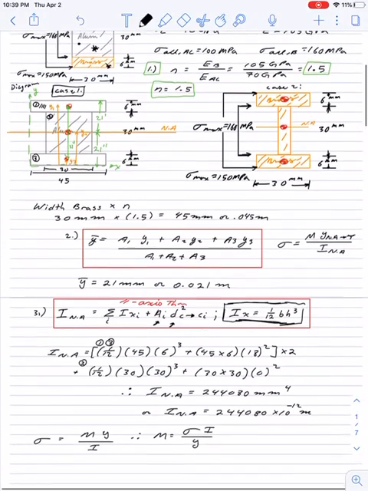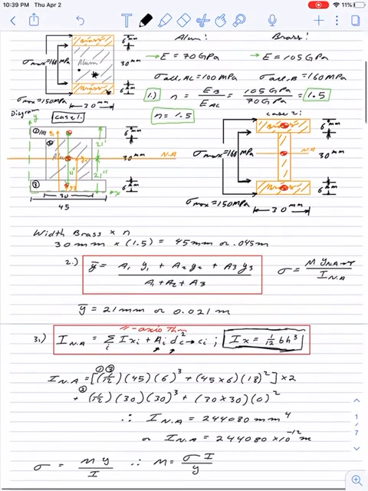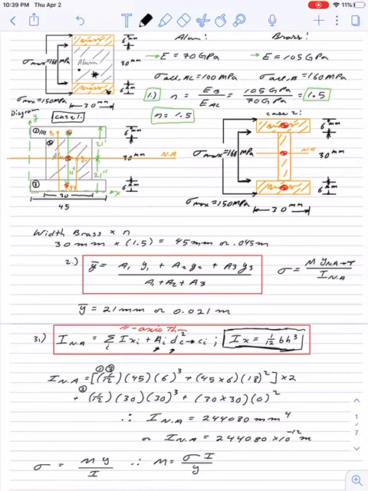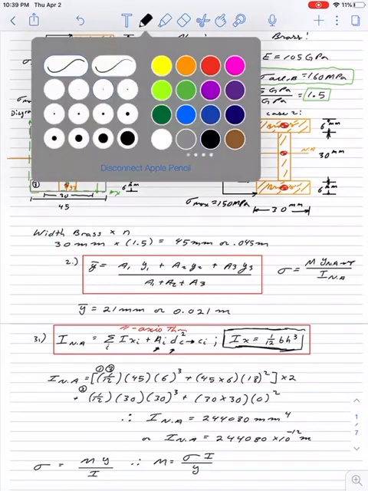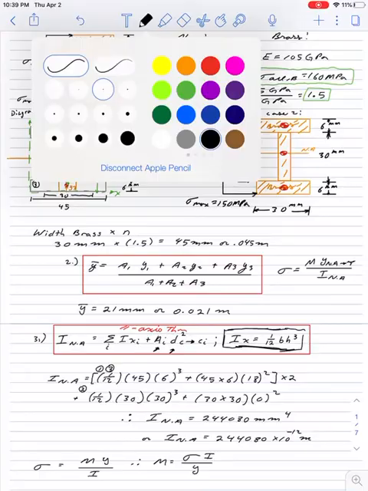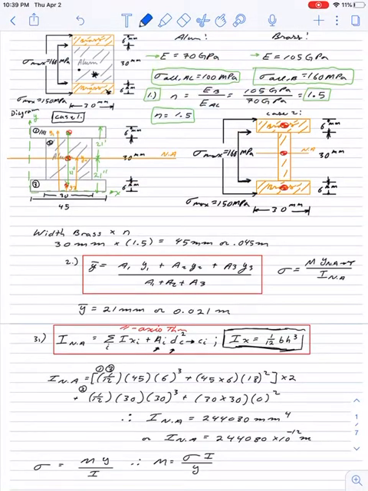So we are given some limitations. Aluminum's allowable stress is 100 megapascals. And brass is 160 megapascals. Now, if we look at the original diagram, we see that the aluminum stops at these points.